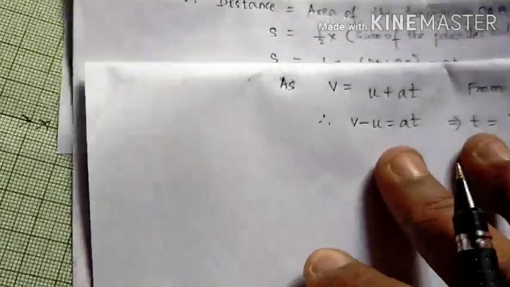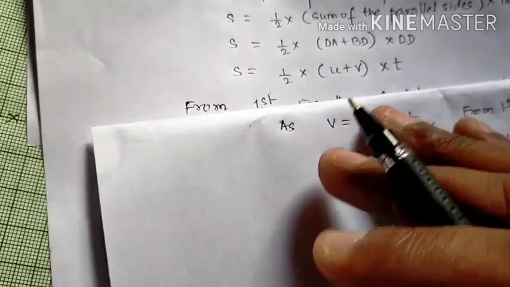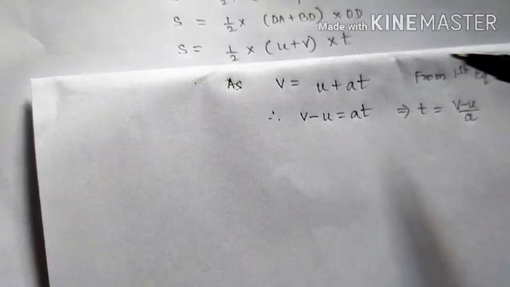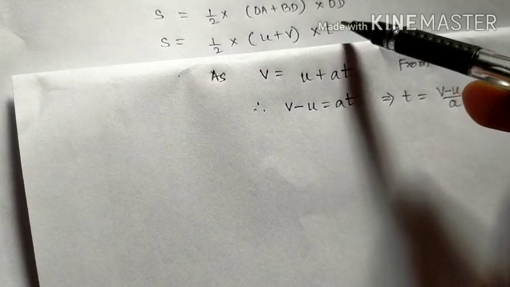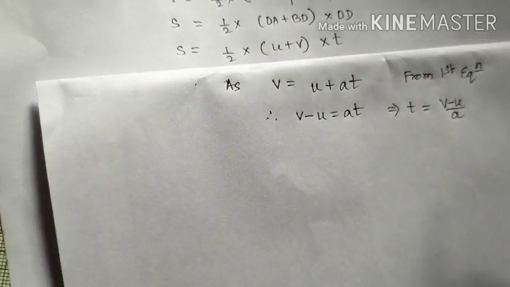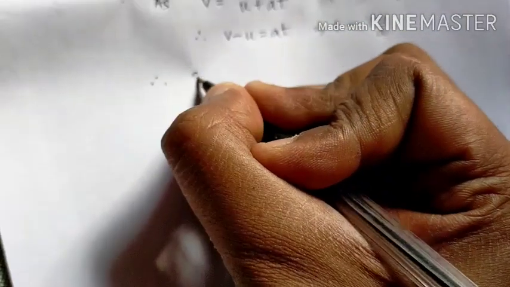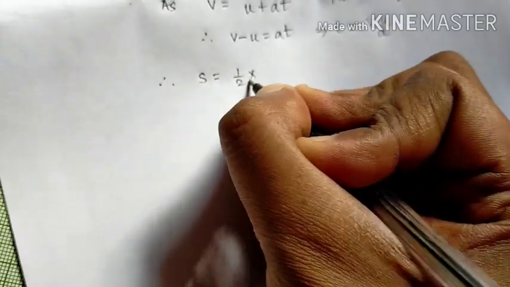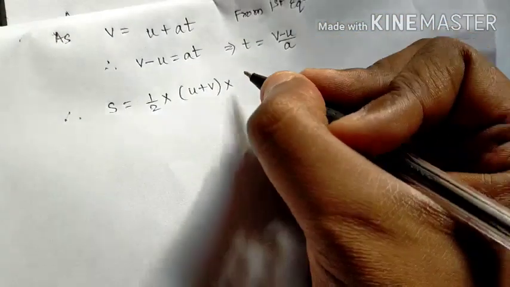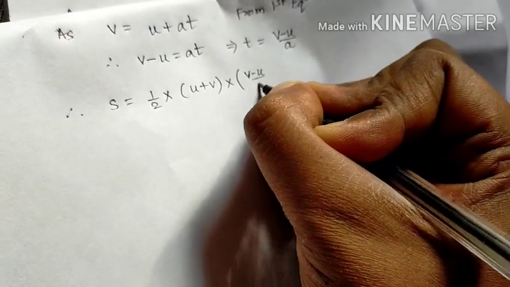Okay. So now we will substitute the value of t in the expression for s. Half into u plus v into t. In place of t we will write down v minus u by a. So let's substitute the value. On substituting we get therefore s equal to half into u plus v into, in place of t we will write v minus u by a.